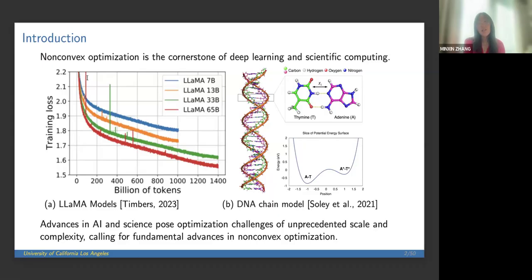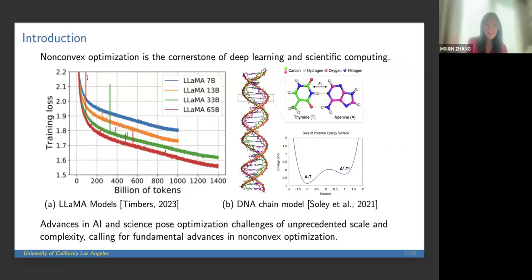If each energy function is like a double well function with two local minimizers, and you add 15 of them up, then you end up with a total energy function which has 2 to the power 15 local minimizers. So how do we escape all those huge number of local minimizers to eventually converge to the global minimizer? This is a challenging problem.